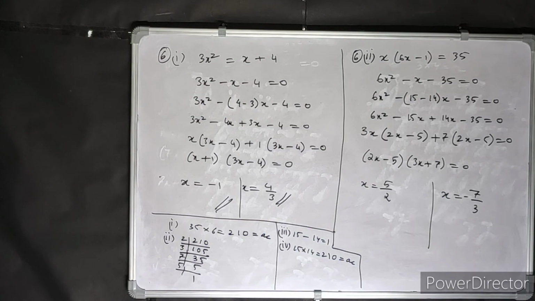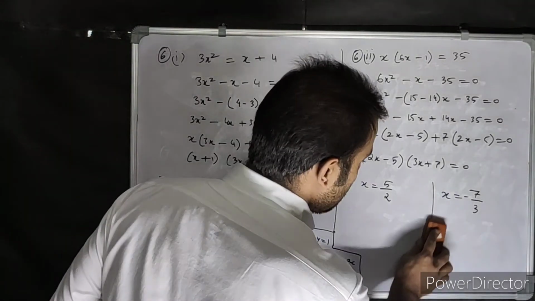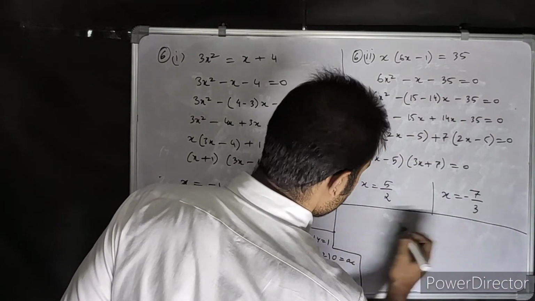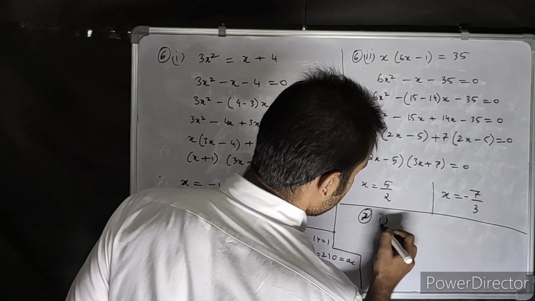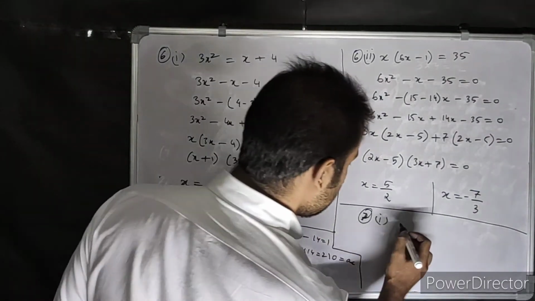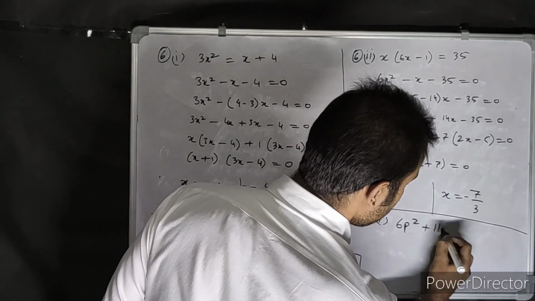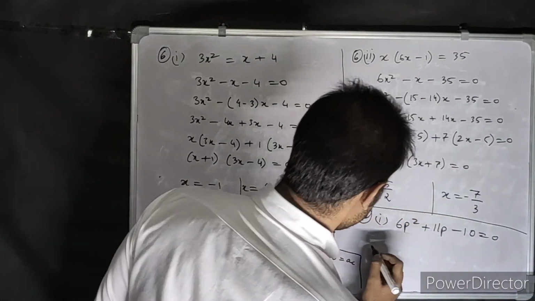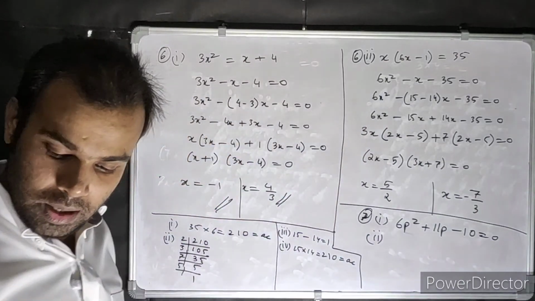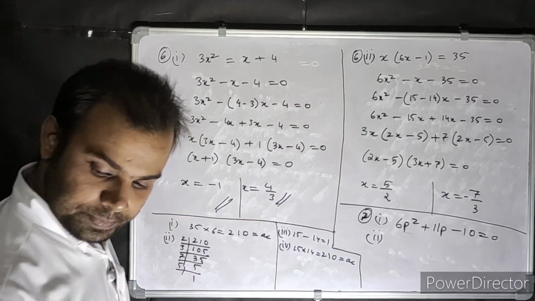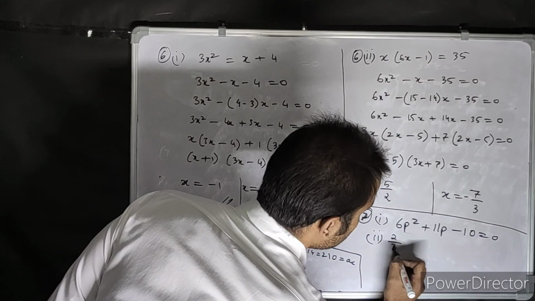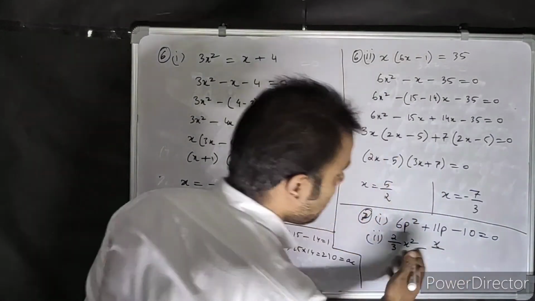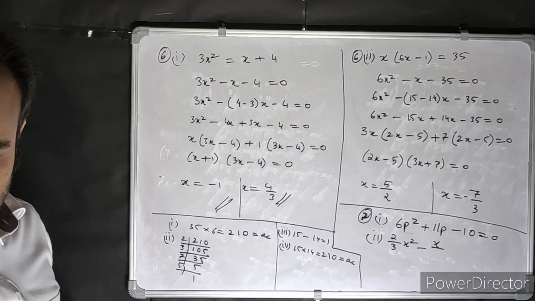Question number 7 part 1 and 2, I am going to write it for you and you all do this at home. Question number 7, part 1 is 6p square plus 11p minus 10 equals to 0, and the second part would be 2 by 3x square minus x by, actually I'll do this in the next class, since there is a fraction.